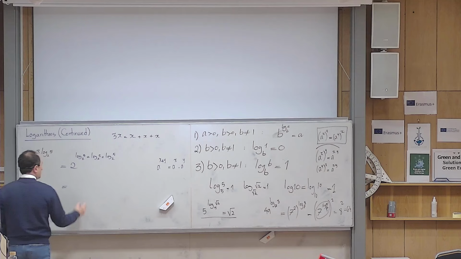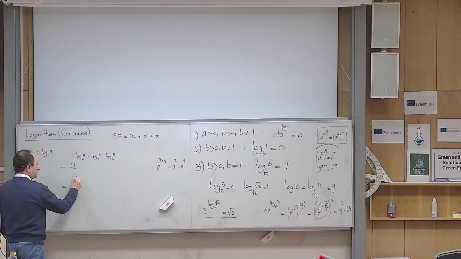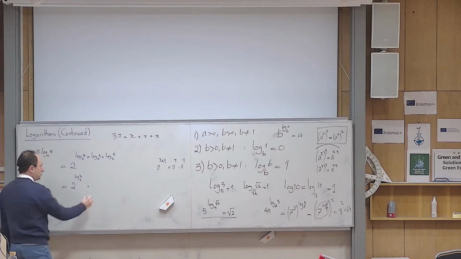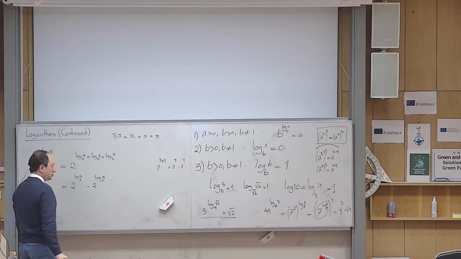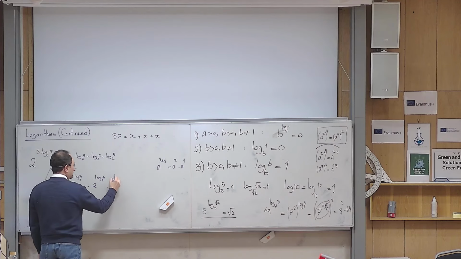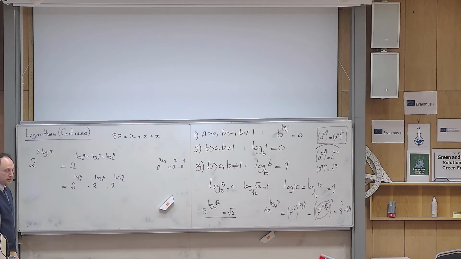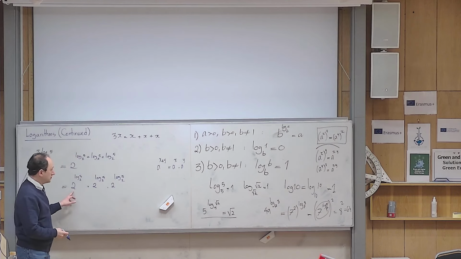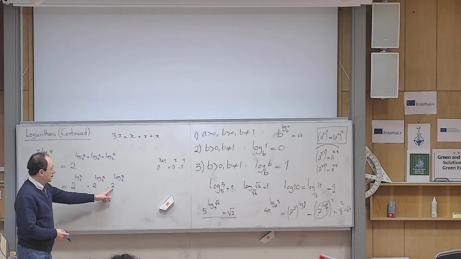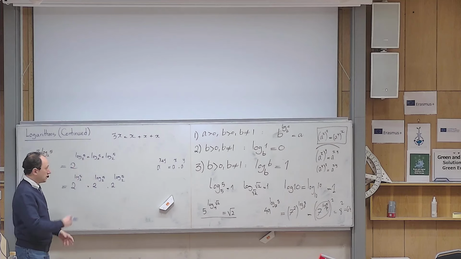I can split it into 2 to the power of log of 5 to the base 2, multiplied by 2 to the power of log of 5 to the base 2, multiplied by 2 to the power of log of 5 to the base 2. Because of this formula: if I want to multiply powers and the bases are the same, I write the same base and add the exponents. I do it the other way around.